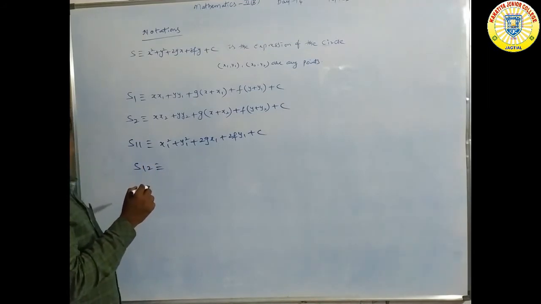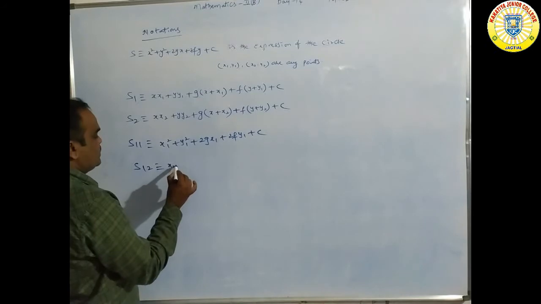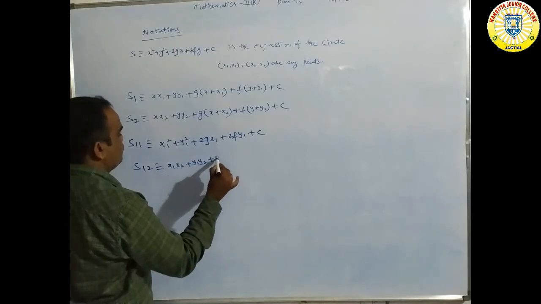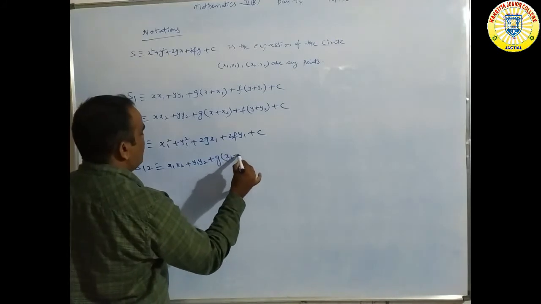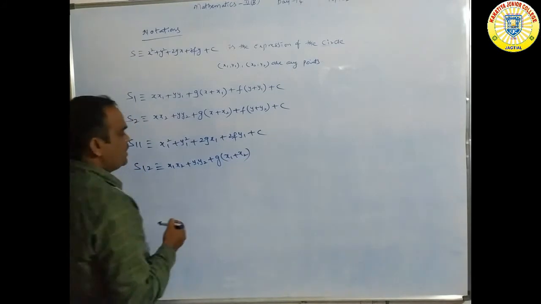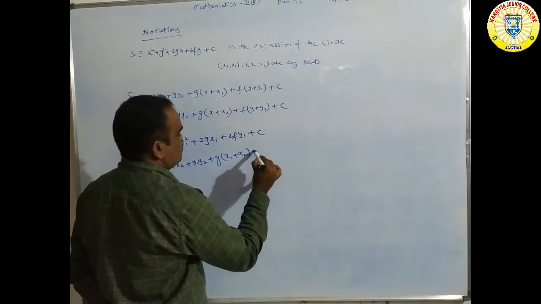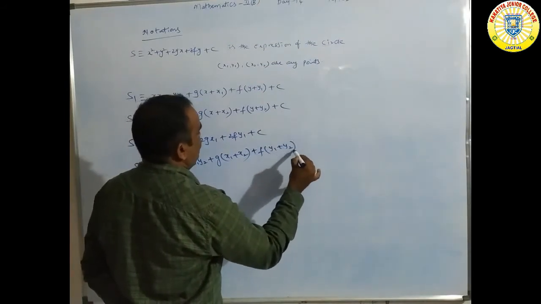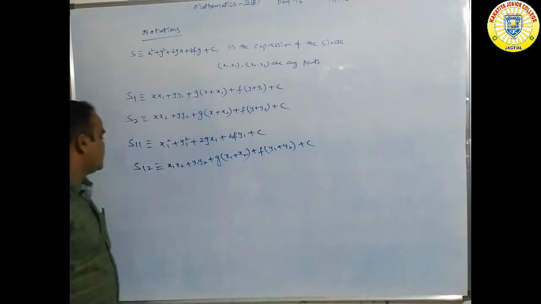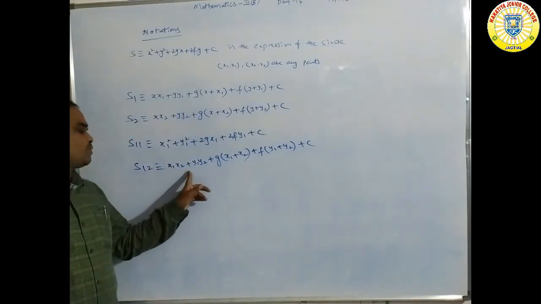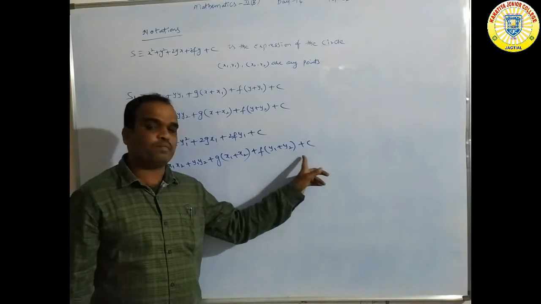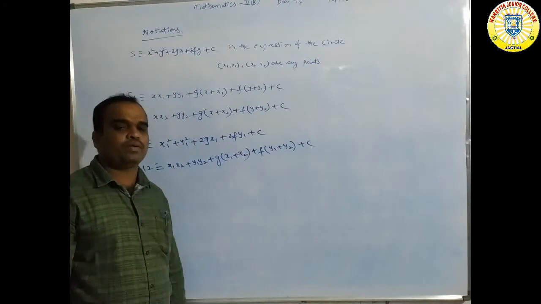S12 is nothing but x1 x2 plus y1 y2 plus g of x1 plus x2 plus f of y1 plus y2 plus c.